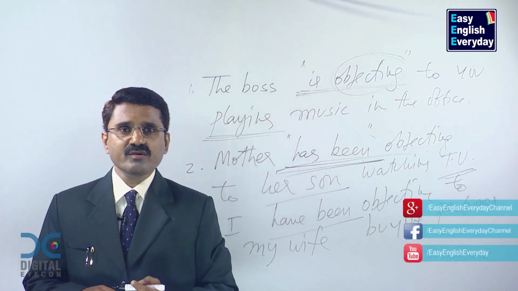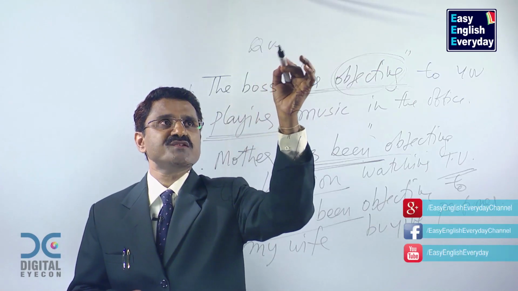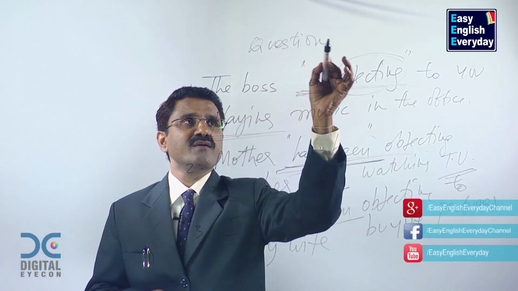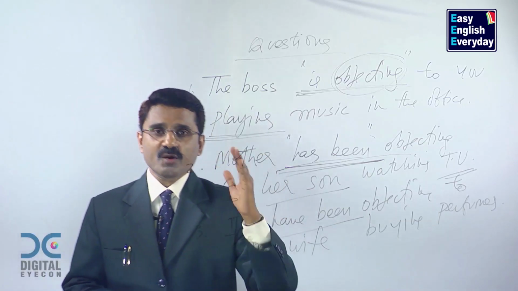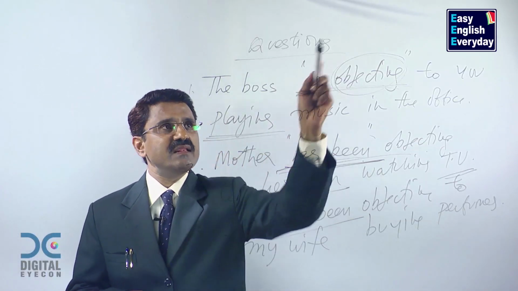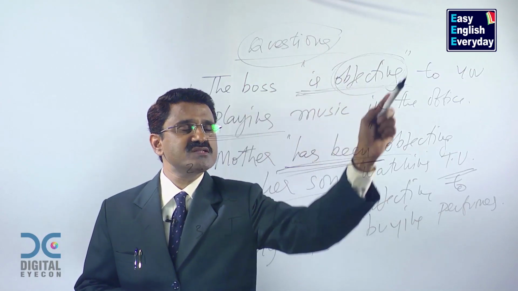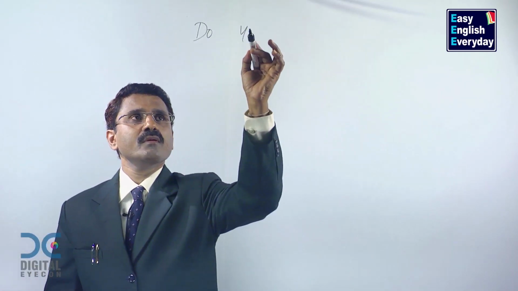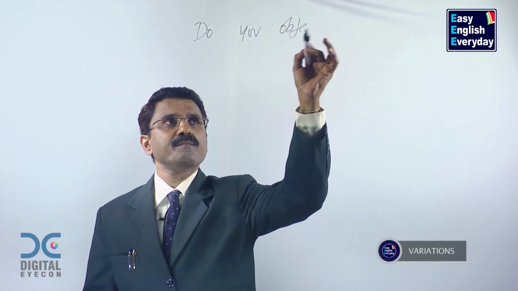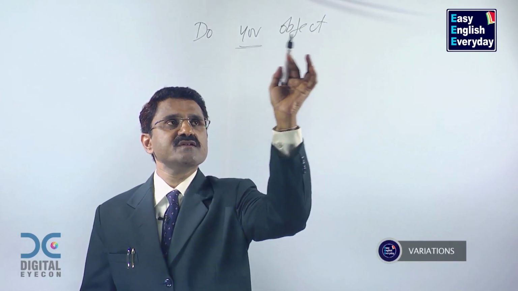Now you can also use it to frame questions, because when you learn, you have to learn all the forms: positive form, negative form, question form and statement form. Let us see how to make questions with the word object. Now let us see how to make the questions with the same expression object to. Do you object? This is second person, so object.